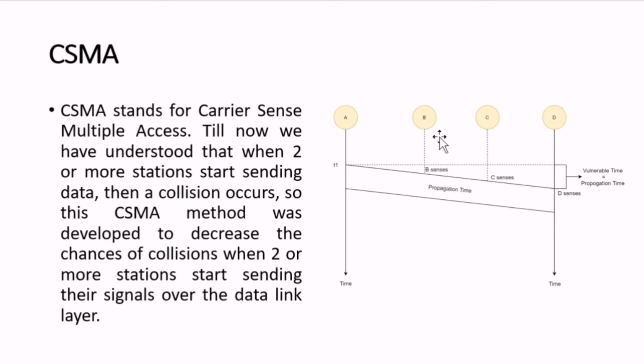If, for example, B senses the network is free without any packet or frame, it will send the data frame into the network.